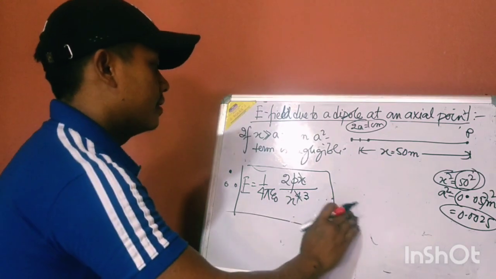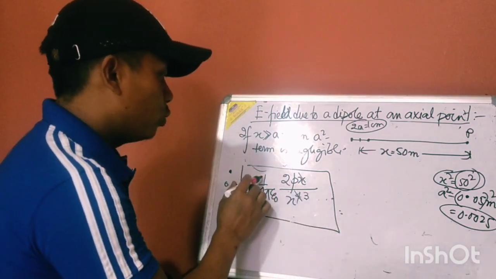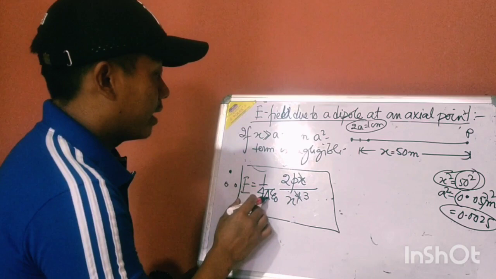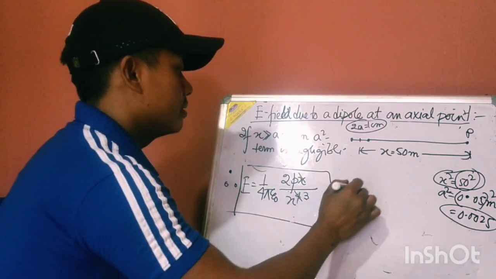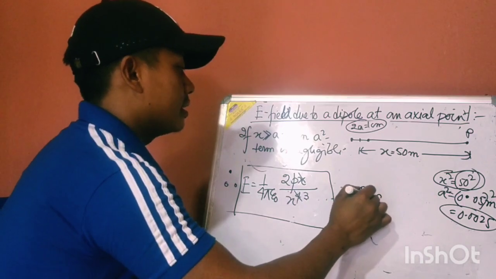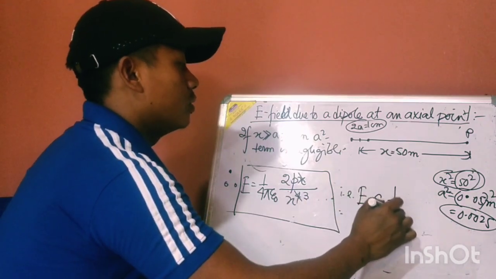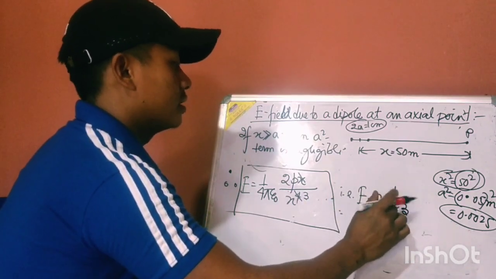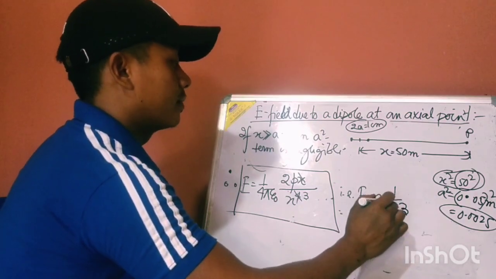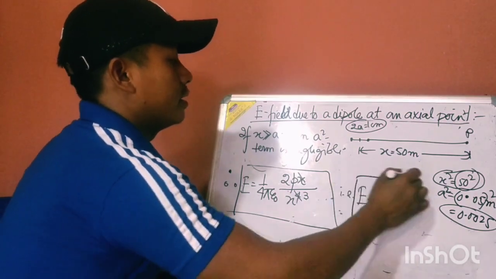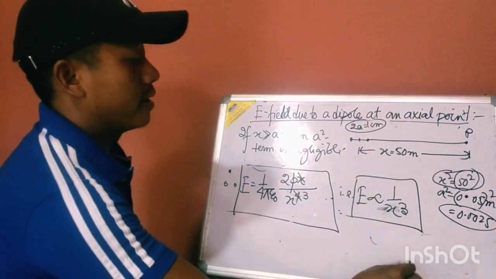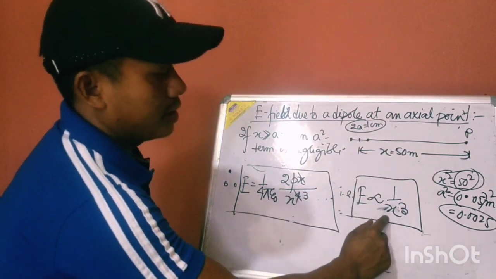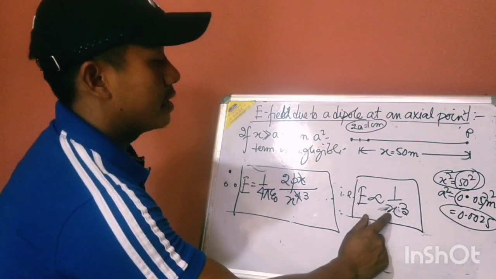Then 2 is constant, p is constant, 4 pi epsilon naught is constant. Then what can you say? This electric field is inversely proportional to the cube of the distance. So in case of electric field due to a dipole at the axial point, it is inversely proportional to the cube of the distance of separation.